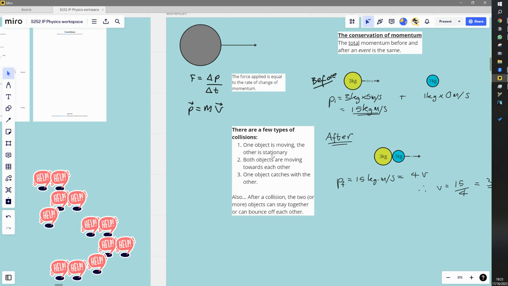That's the simpler type. We could have both objects moving towards each other. That's when you would have to work out the momentum of both objects and add them together to work out the total momentum. Or one object catches up with the other. Also, after the collision, they could stick together like we've got here, or they could bounce off each other.